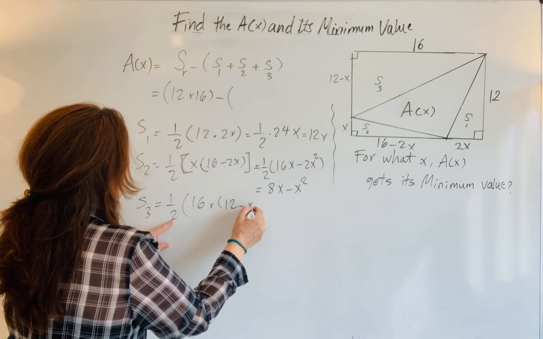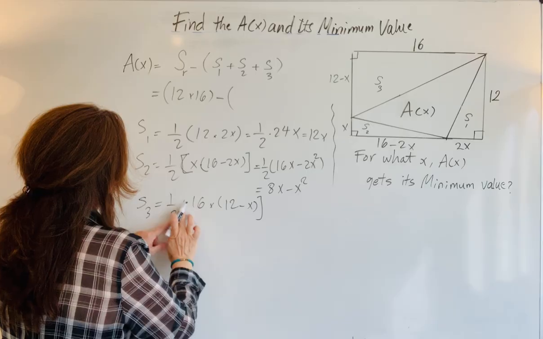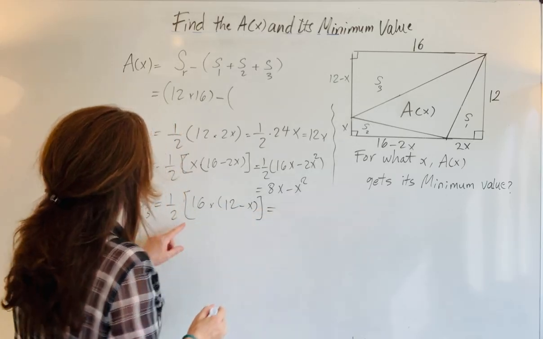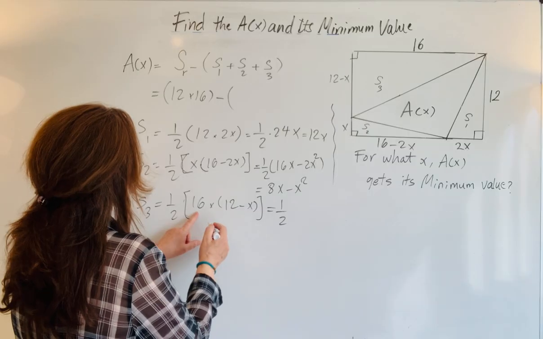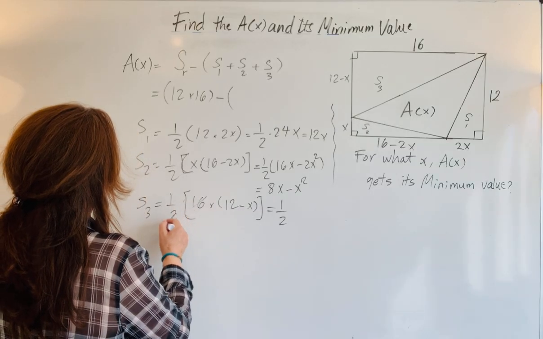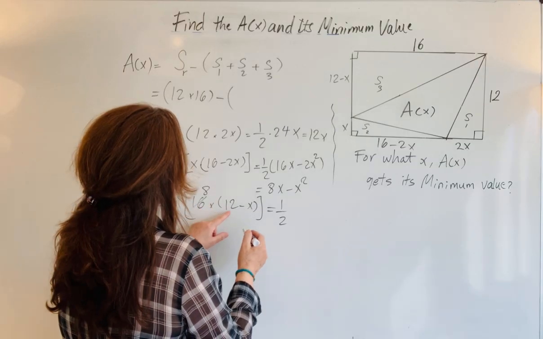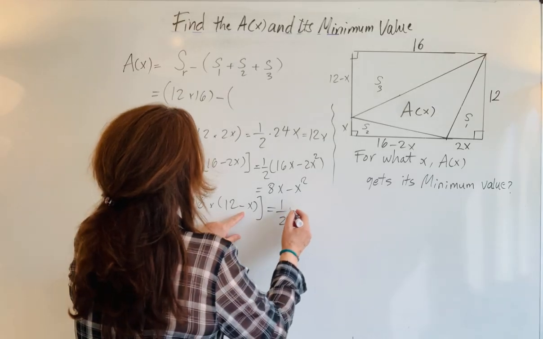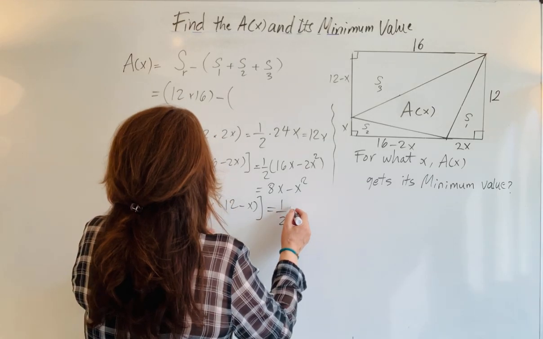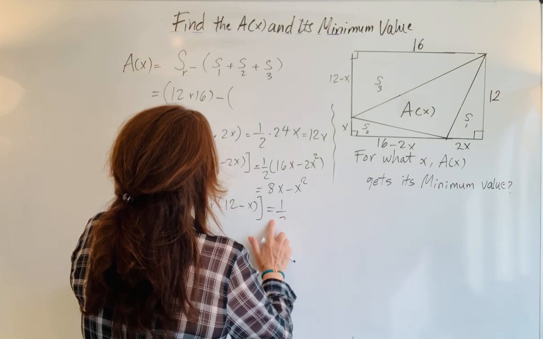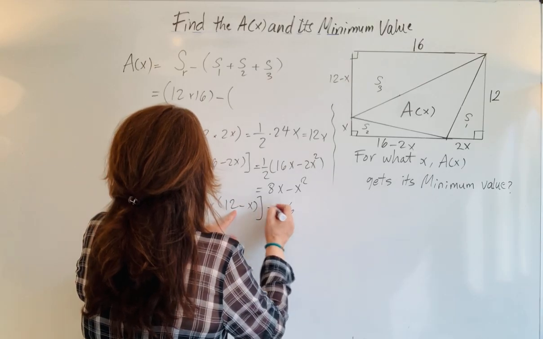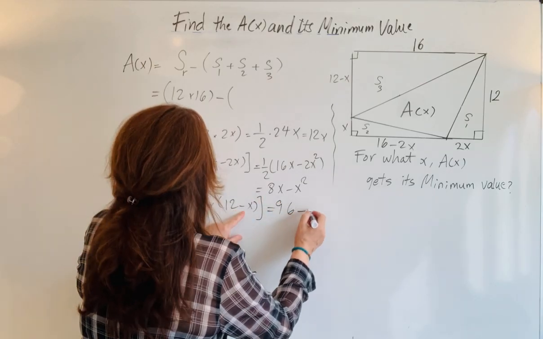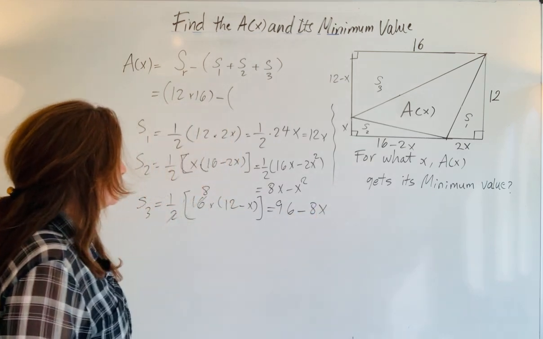Just simplify: here is 8. 8 times 12 minus x is 8 times 12, 96, minus 8x, right?